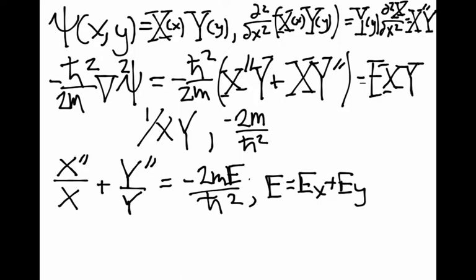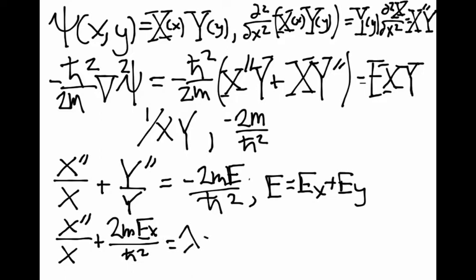Let's take the energy and split it up. Let's assume there's an energy that I'm going to associate with x and an energy I'm going to associate with y. Energy is a scalar. It adds up. So it's only the total energy we care about. But for bookkeeping purposes, I'm going to associate some with x and some with y. So now I can further separate this equation.